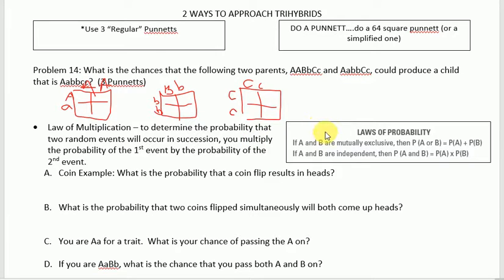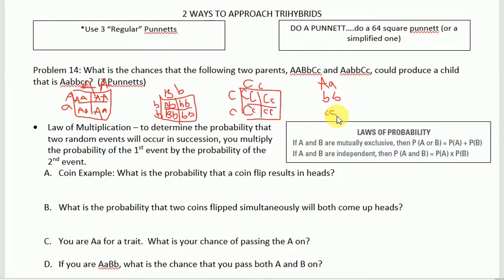Go ahead and pause a moment and finish those. Okay, so this is what they should look like. What we're trying to figure out is the chance that those parents could produce a child that is big A, little b, little c, little c. So we are going to figure out how many big A, little a's we have, how many little b's we have, and how many little c's we have.